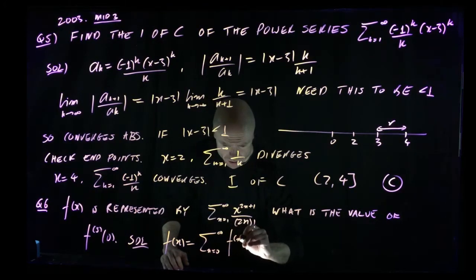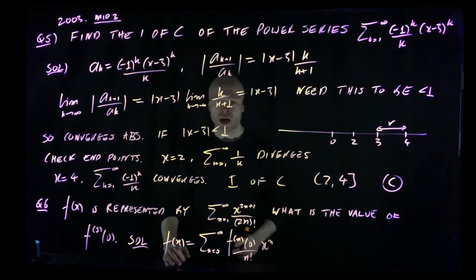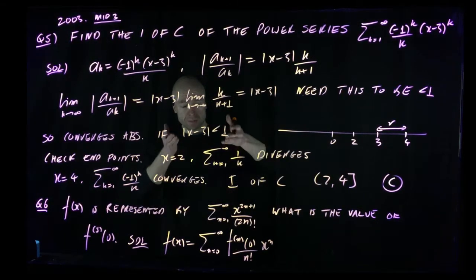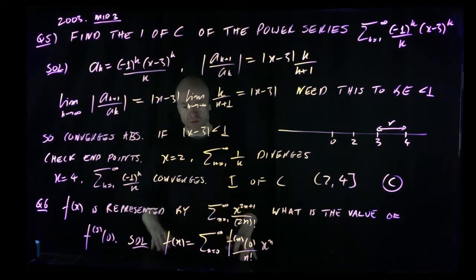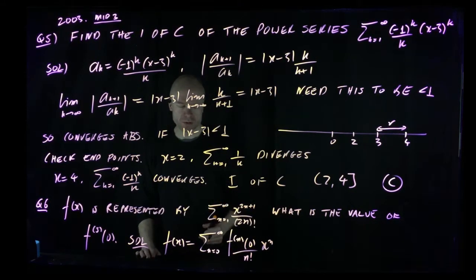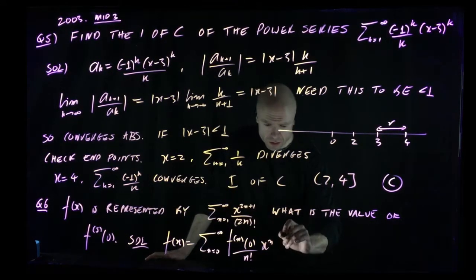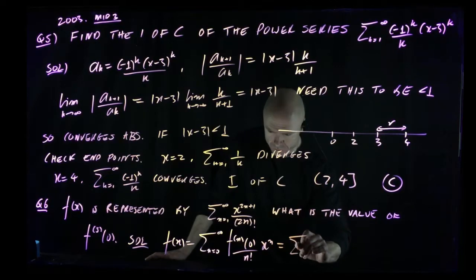We found this out just by taking the derivative of this series and plugging in the value x equals 0. We found out that the coefficients in front of the x to the n have to be of this form. This was an easy thing to check. So it's equal to this, and it's also equal to this expression here.